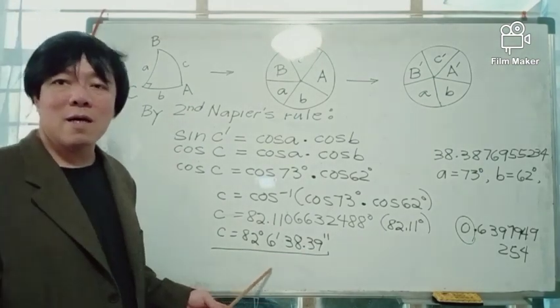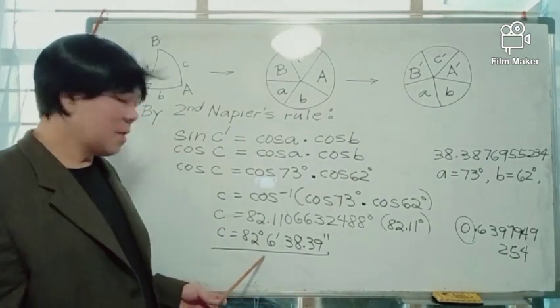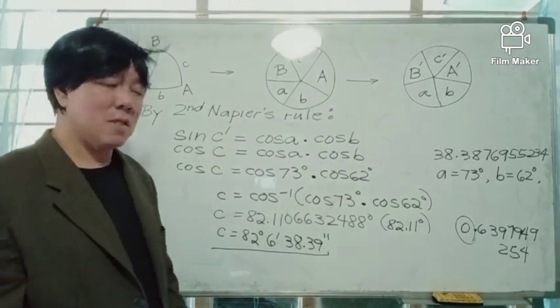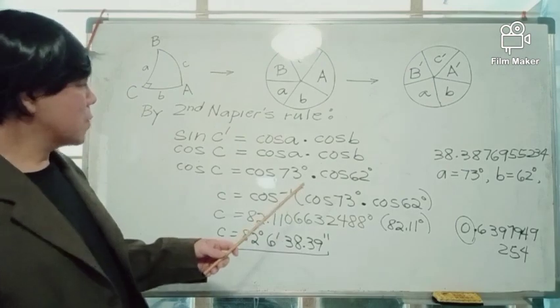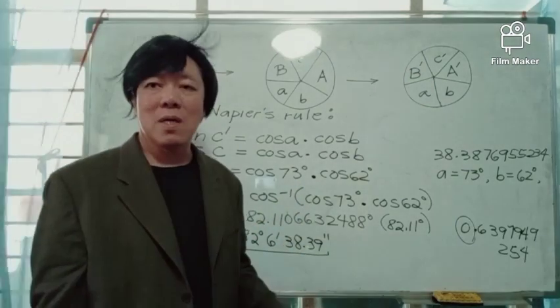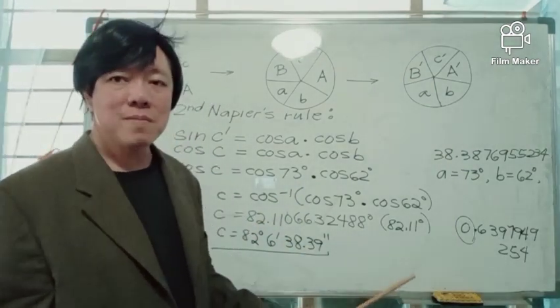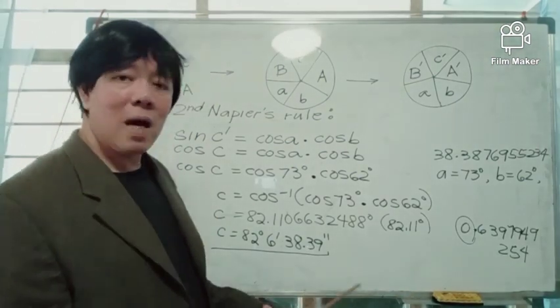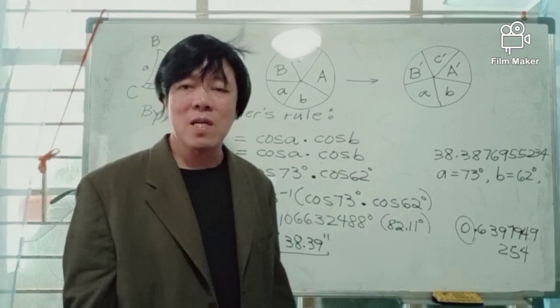And this is the side opposite the right angle capital C. Now we have 4 parts of the right spherical triangle.